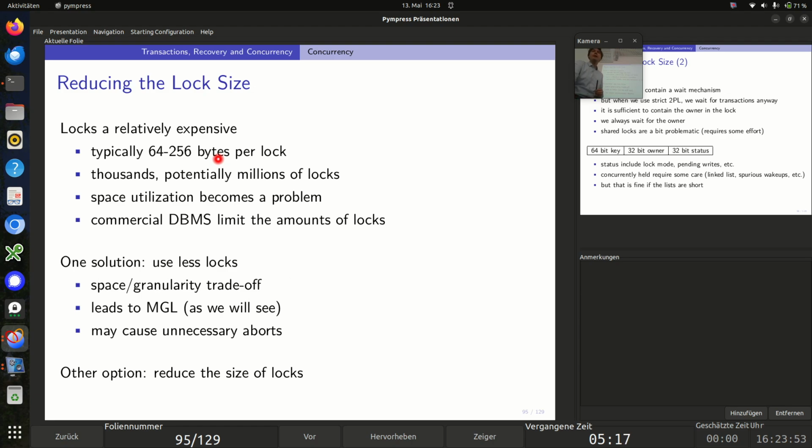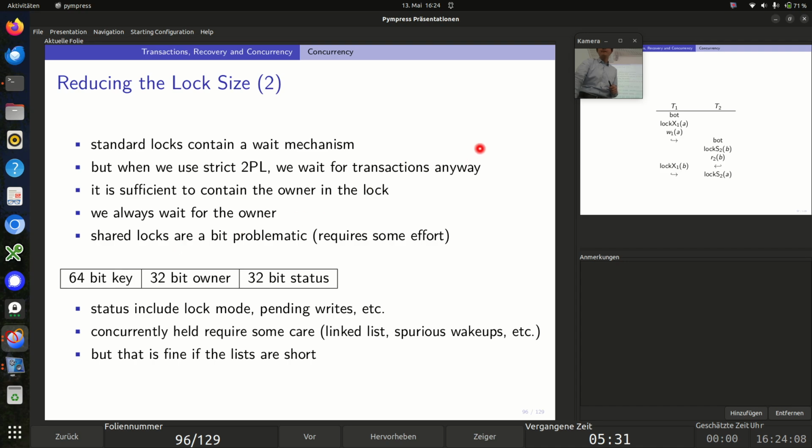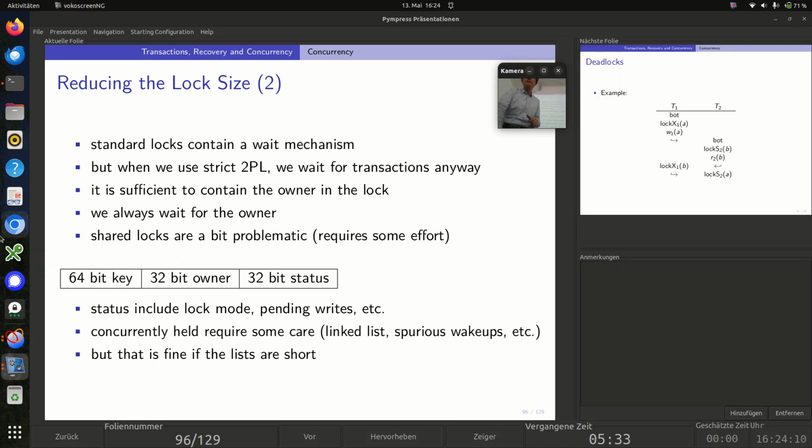Typically we have 64 bytes per lock, so we use fewer locks, with a smaller granularity. The idea to reduce the size is called multi-granularity locking. Standard locks contain a wait mechanism. So let's start with deadlocks.